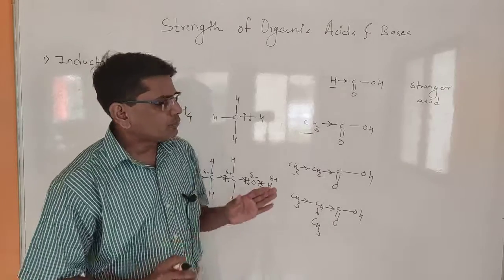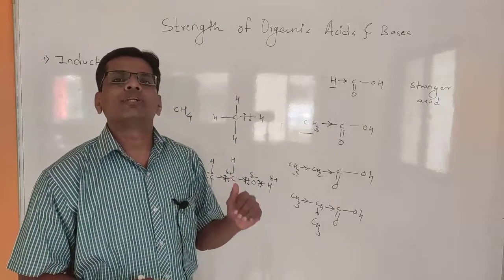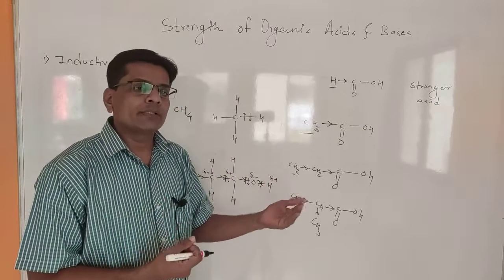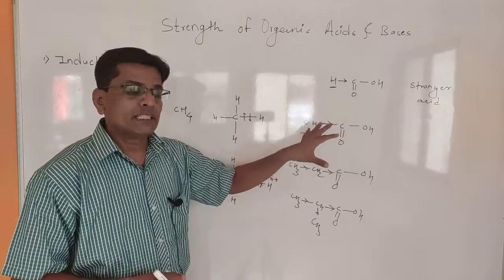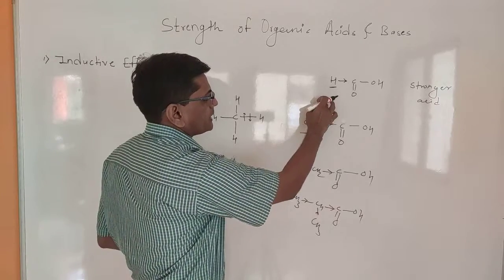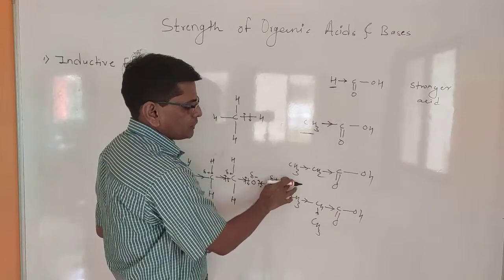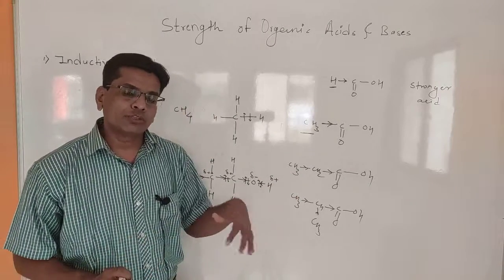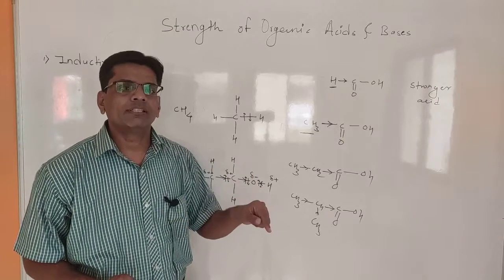From that we conclude that if an electron donating functional group is attached at the carboxyl center, and the bulkier the group attached, then the acidity at the carboxyl center decreases. So formic acid is more acidic than acetic acid, which is more acidic than propanoic acid, which is more acidic than isopropyl carboxylic acid. As you increase the bulkier group, due to the inductive effect, acidity will decrease.